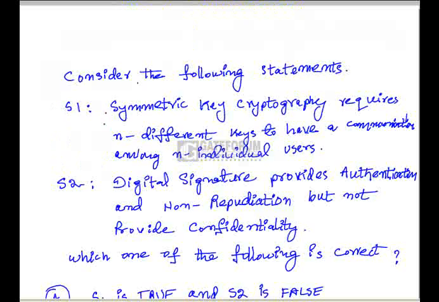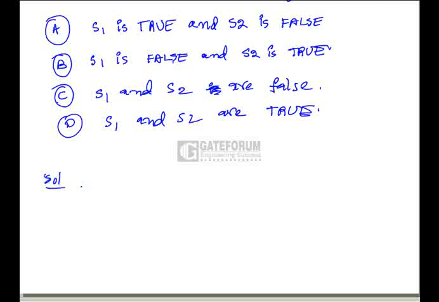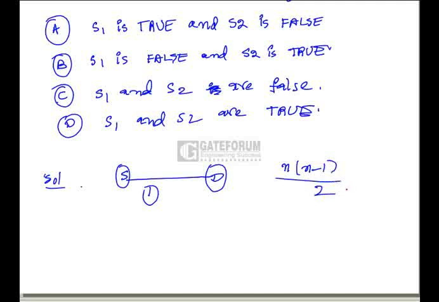In statement S1, it says that symmetric key cryptography requires n different keys to have a communication among n individual users. Symmetric key means the source and destination have to use the same key. For two users to communicate, one key is required. It is stated that n different users need n keys, but originally it requires n into n minus 1 by 2 keys.